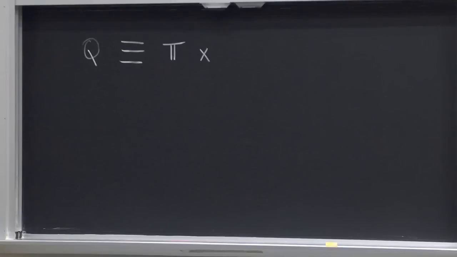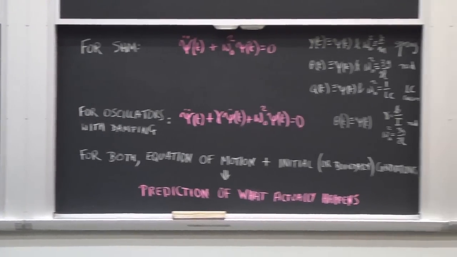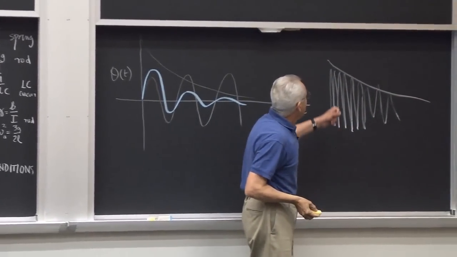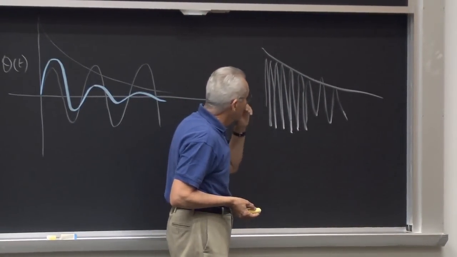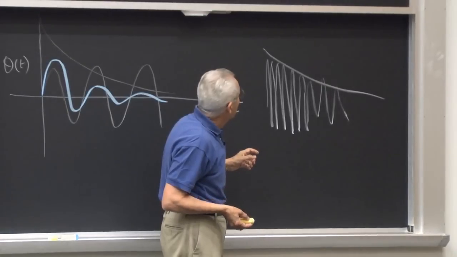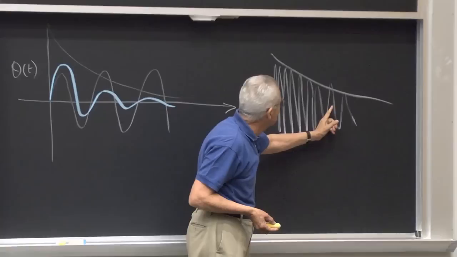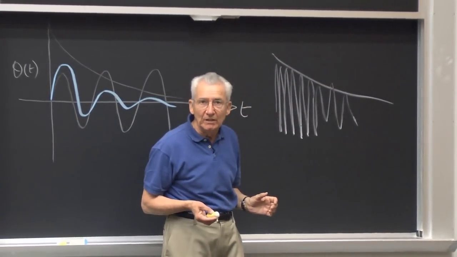So take some oscillator, which is a good oscillator, so it oscillates like this. It's decaying. This has an exponential form, as we saw, for a damped harmonic oscillator. And we ask the question, how many oscillations does it make before the amplitude drops by 1 over e?